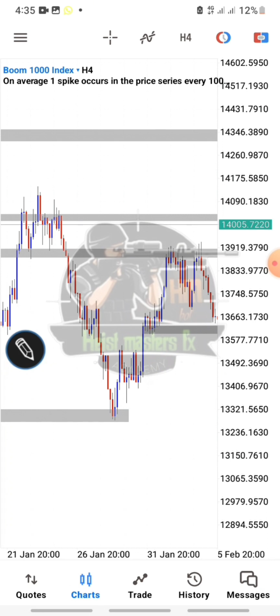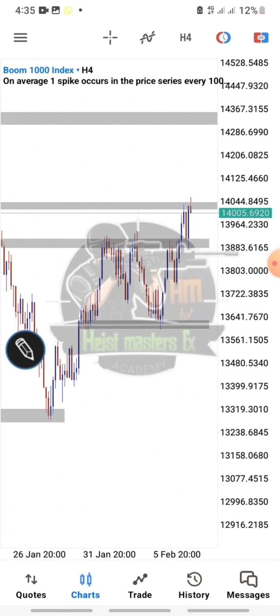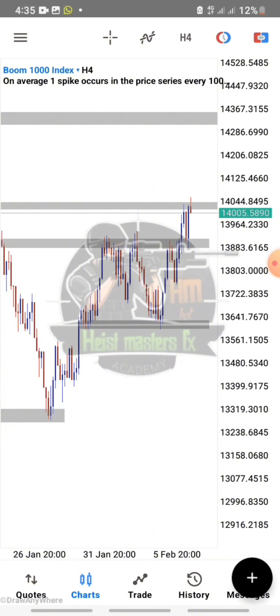Yeah, now after we had bounced from that area of ours, the market came back to our resistance ceiling, and once it had gotten to this resistance ceiling, we had a pullback here. Remember, this is a 4-hour time frame.